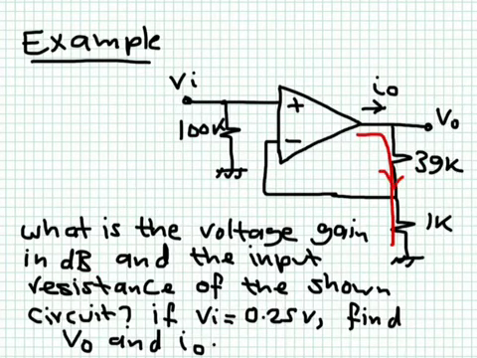So if I have 10 volts at the output, then because there is no current flowing this way, I out will be equal to this 10 volts divided by 40K, 39 plus 1K. And remember, because there is no current flowing here, the complete current I out will simply flow this way.